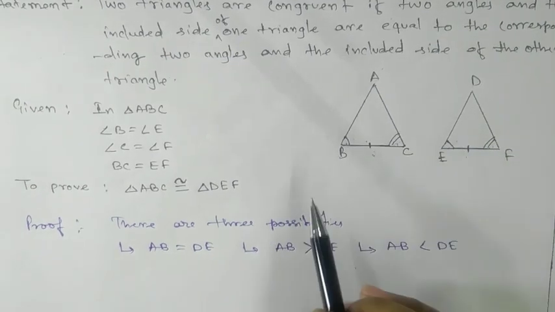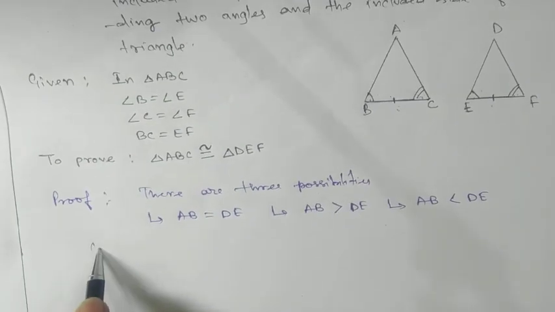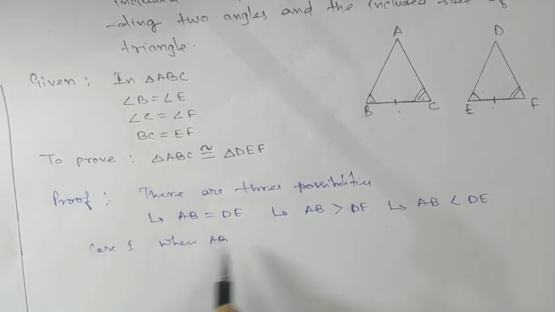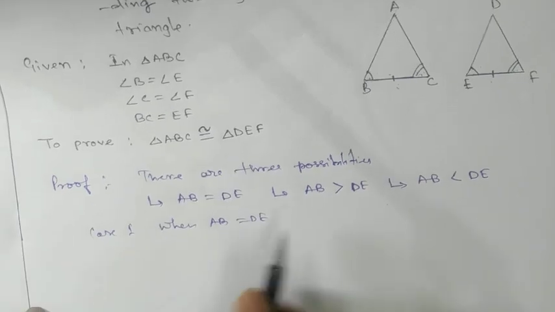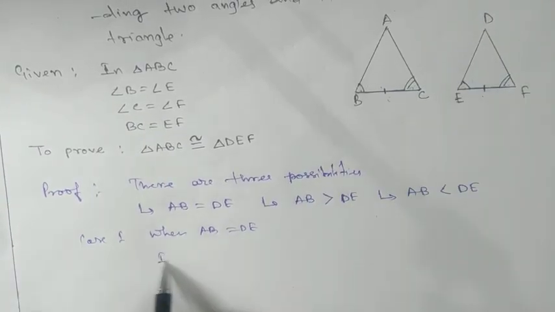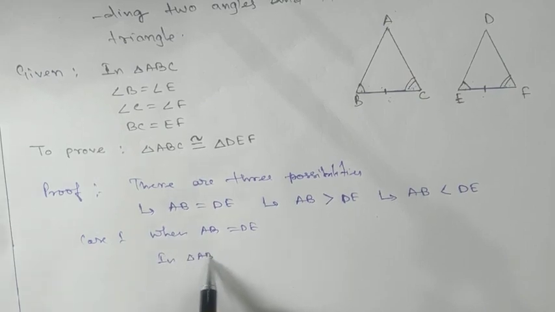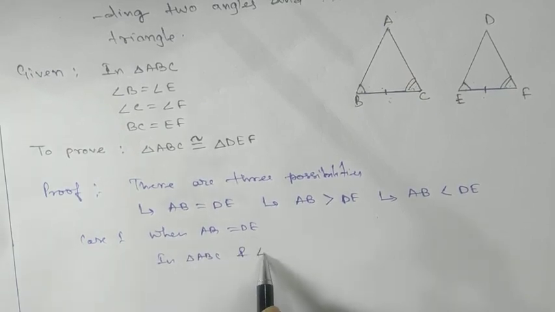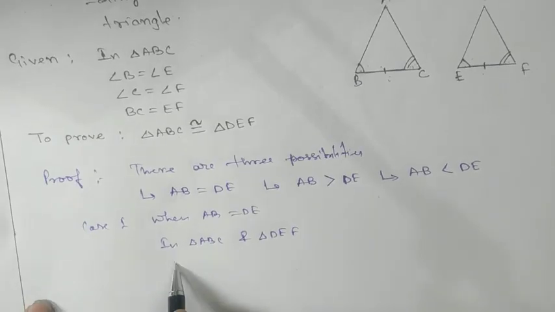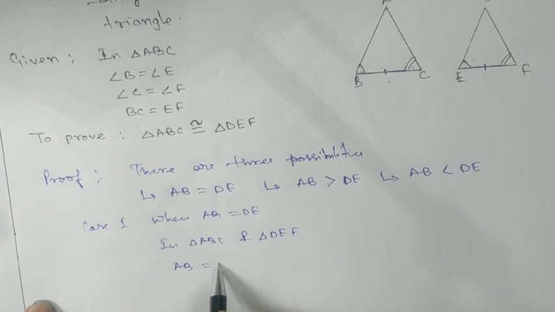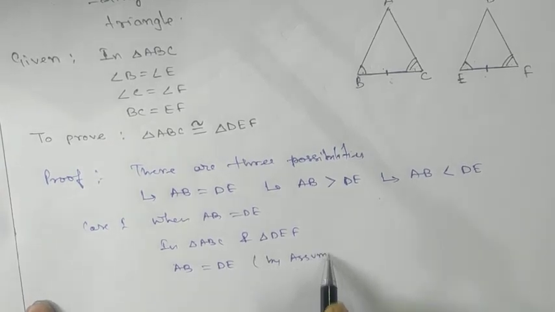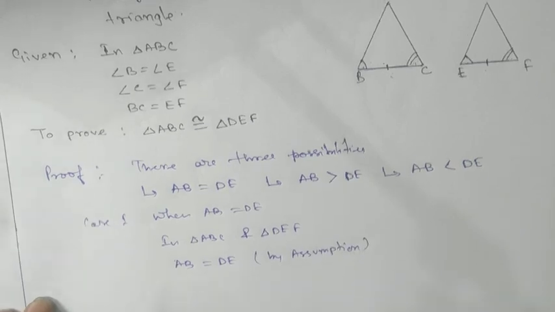So let's go with the first case. Case 1, when AB equals DE. In triangle ABC and DEF, AB equals DE by assumption. We have assumed this one is equal.